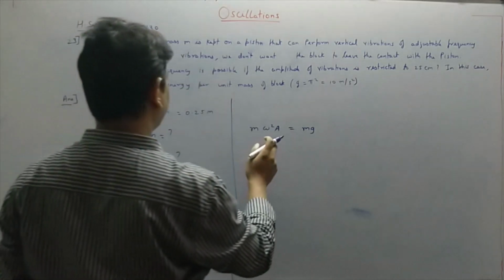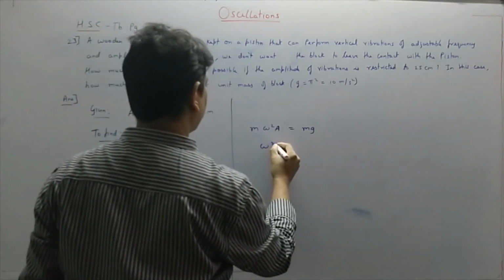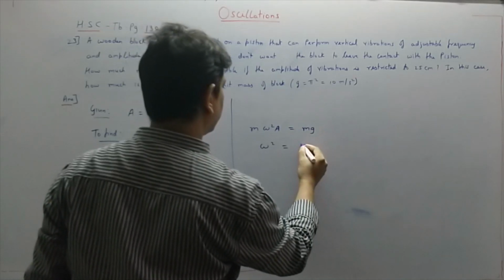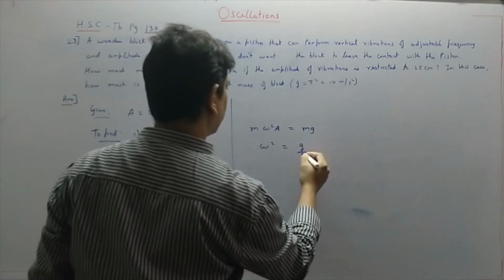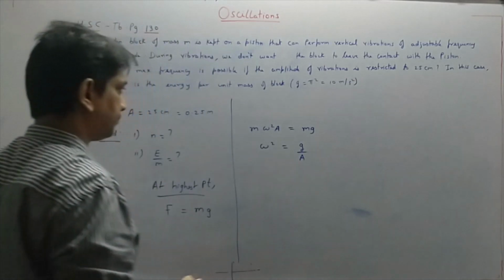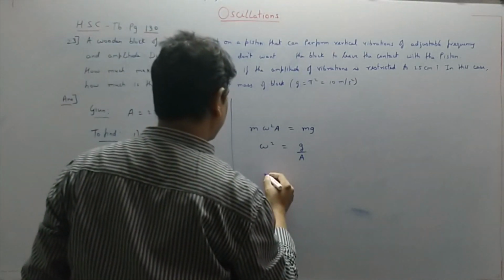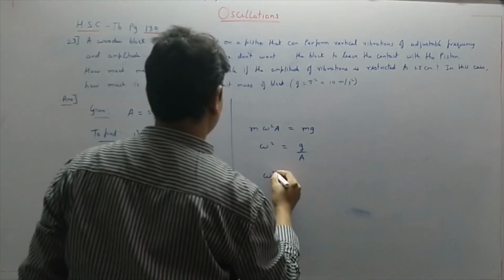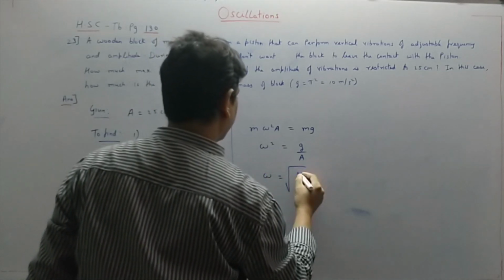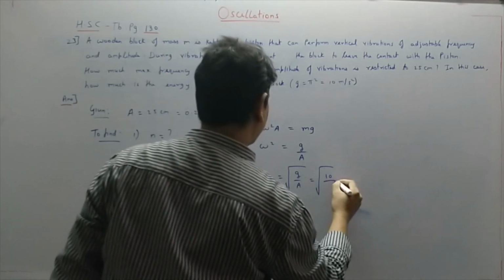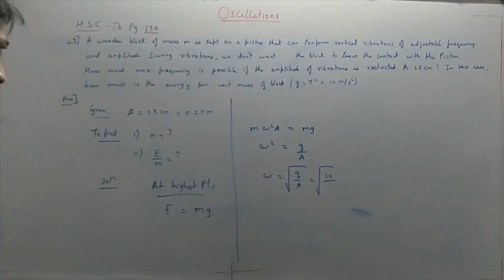Now by finding omega, what is omega square? m will get cut, and we get g upon amplitude. So omega square is g upon A, and omega is under root of g by A. That is 10 upon the amplitude, which is 0.25.